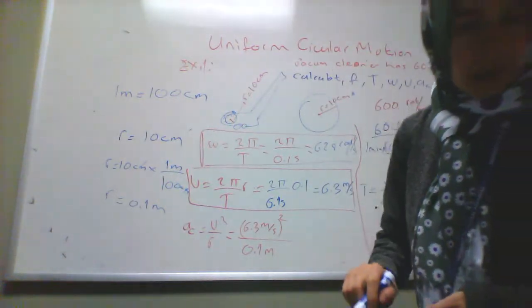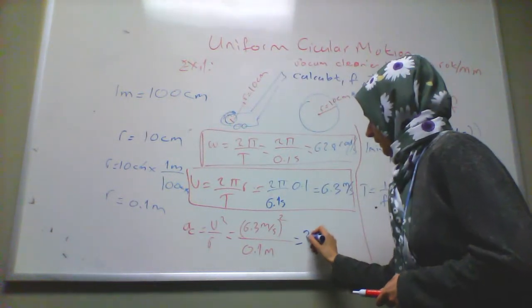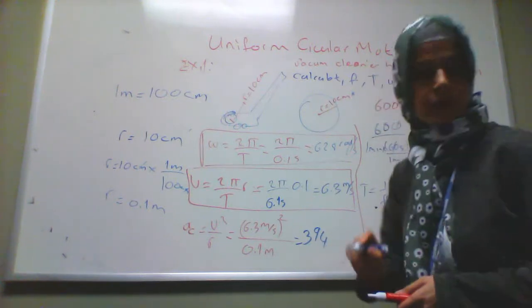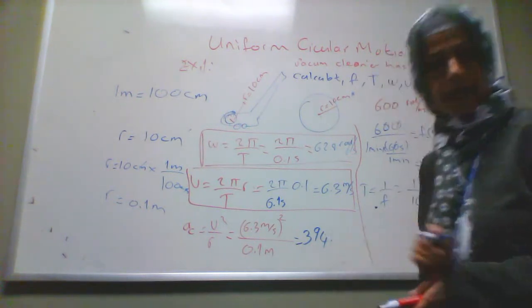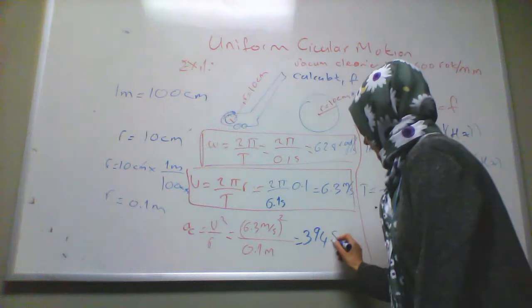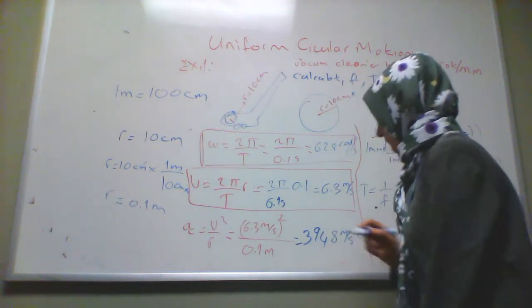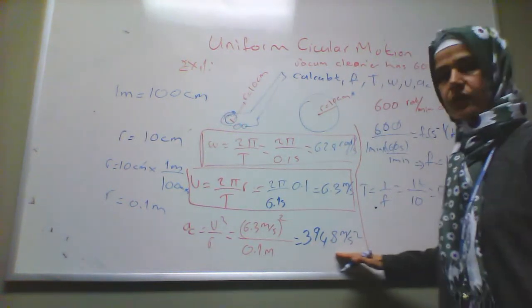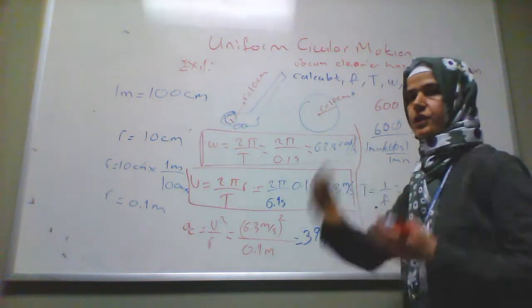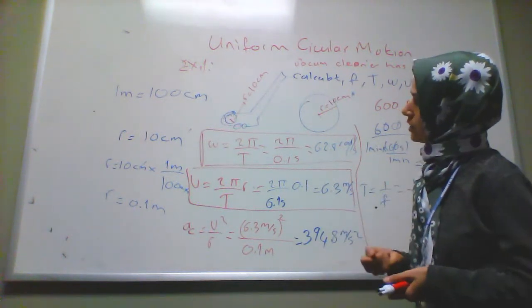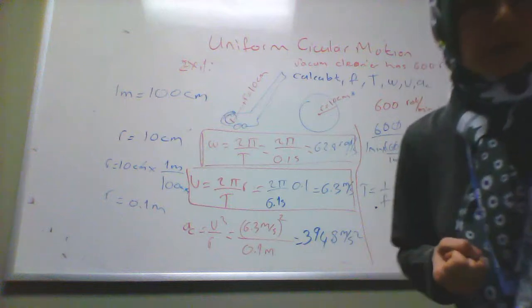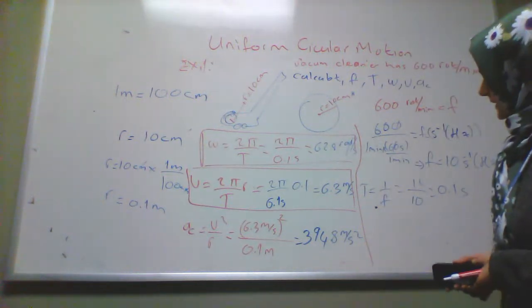Let me see if I have an answer for that. 394.8 meters per second squared. So it's a very large acceleration. The rotation is very fast, so it's taking all this dirt from our house by doing that.